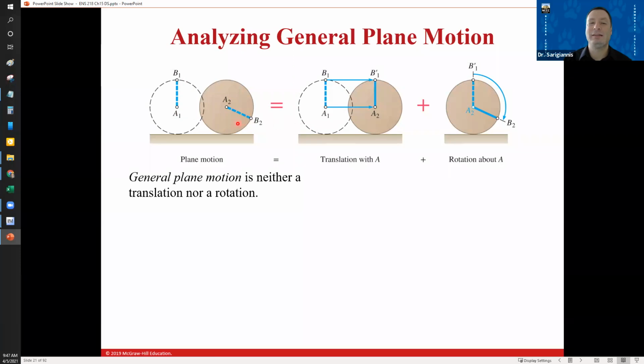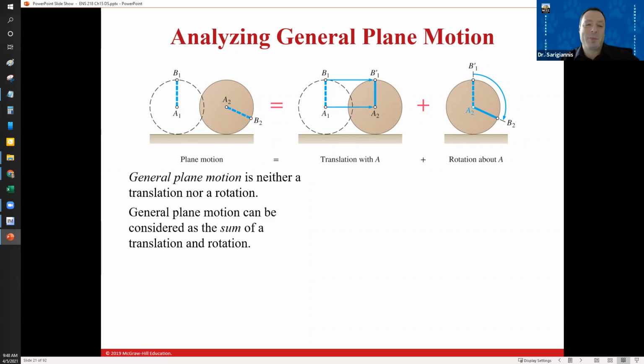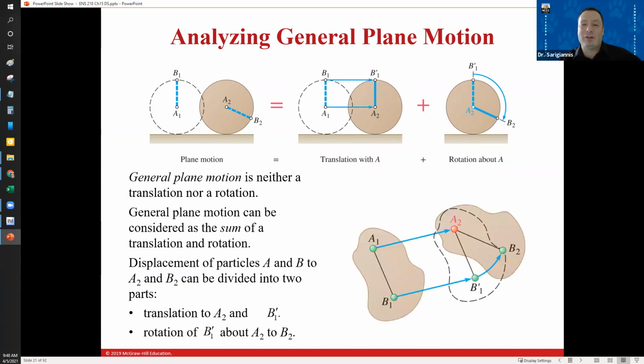So instead of looking at this as a rotation that moves over to this point, you look at it as translating it and then rotating it without moving it along the plane, or rotating it and then translating it, right? So you can look at it as a combination of those two events. And it's basically the sum of those, right?